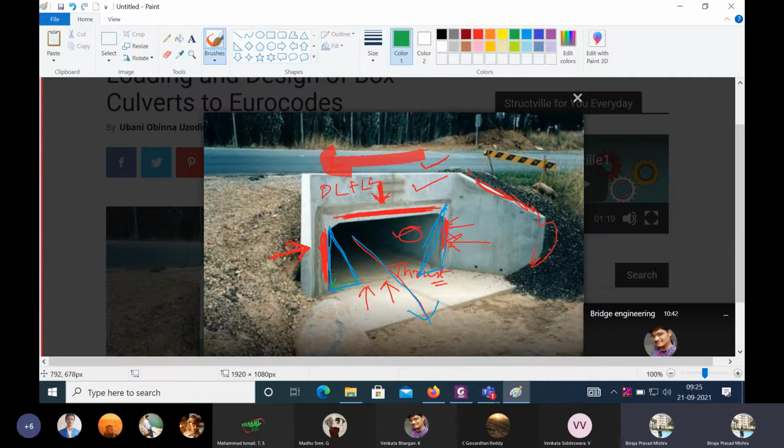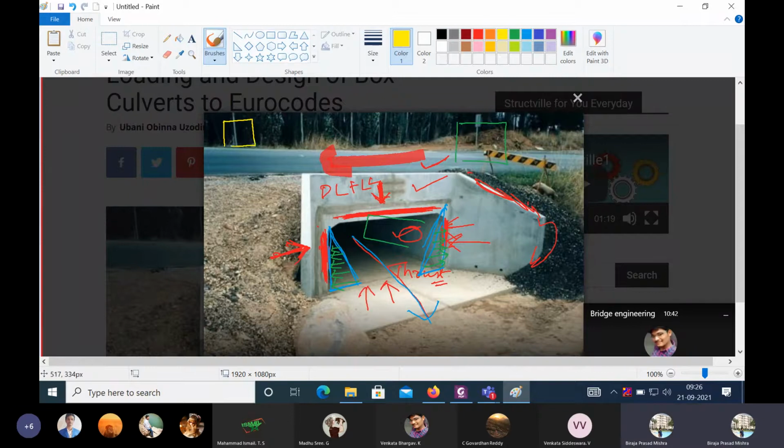Similarly this one. It will be throughout this inner side wall. And this side, or let me use some other color.